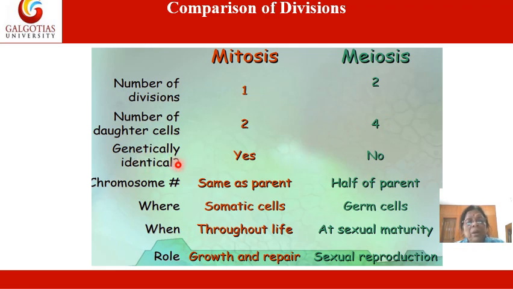The genetic identity: in case of mitosis, both cells are genetically identical, but the 4 cells formed from meiosis in the gametes are not genetically identical. They are different from each other because recombination has taken place.